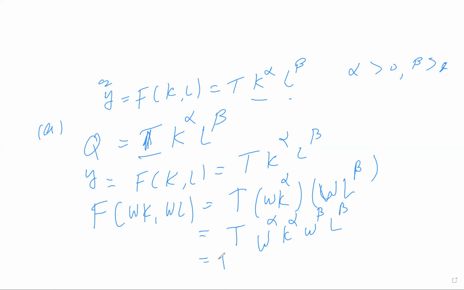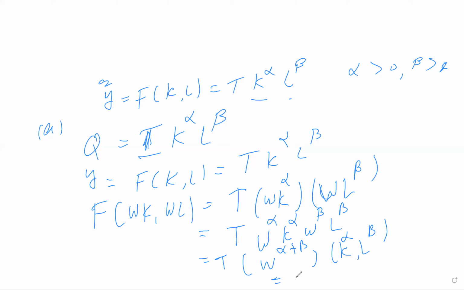And that will be equal to T. We can write W to the power of alpha plus beta, because the bases are the same, times K to the alpha and L to the beta.